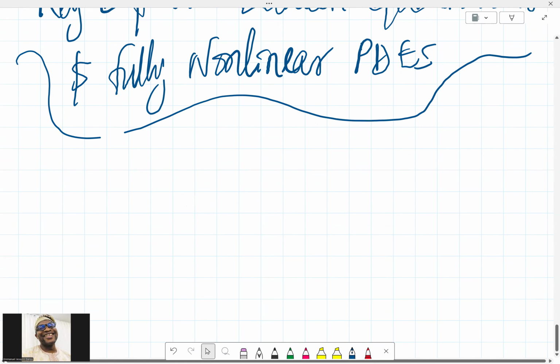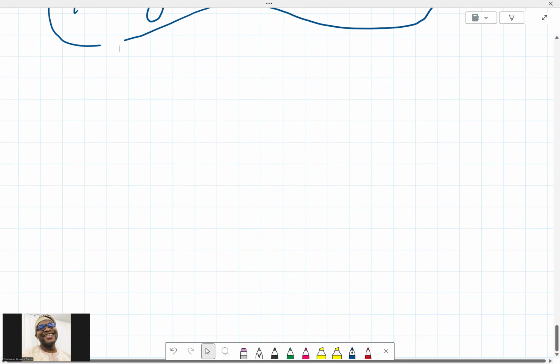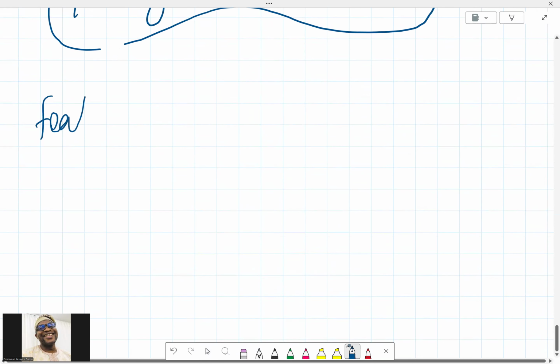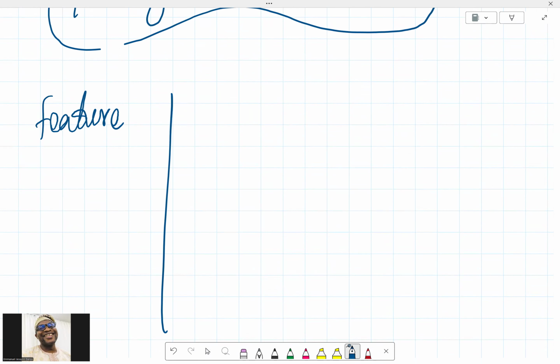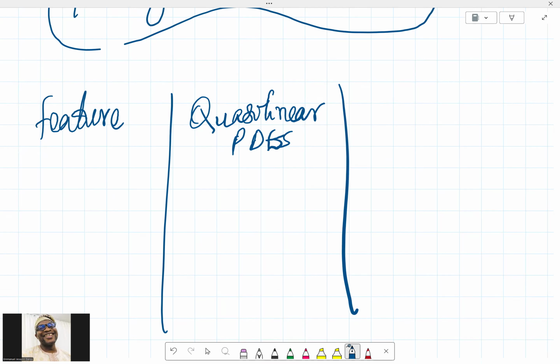Let's start with the feature, and then we have the quasi-linear PDEs, and then we have the fully nonlinear PDEs.